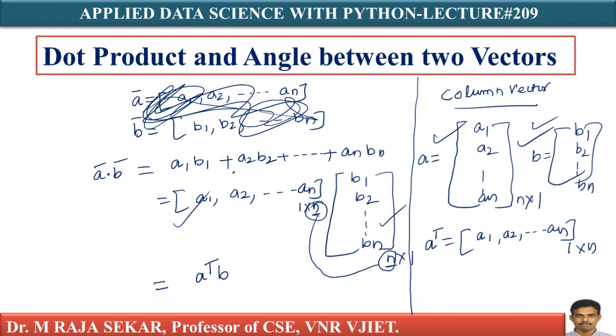Let me write A dot B is equal to A transpose B, isn't it? Which is equal to sigma i equal to 1 to n AiBi. Can I write like this? Why? Because A1B1 plus A2B2 plus so on AnBn. This is what a dot product is from a pure linear algebraic perspective.